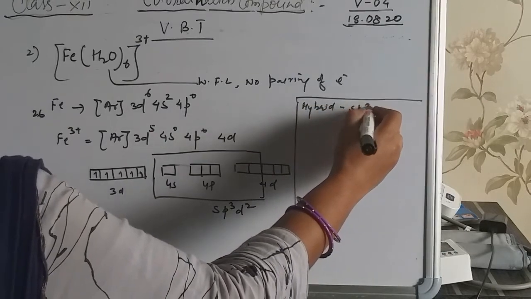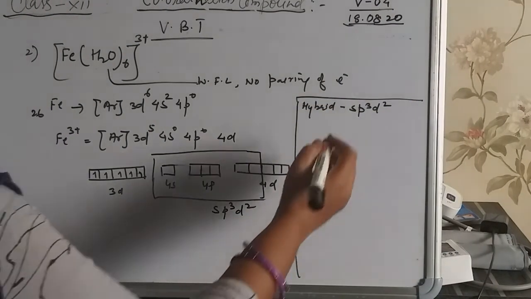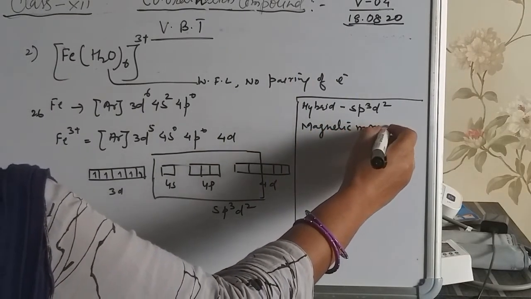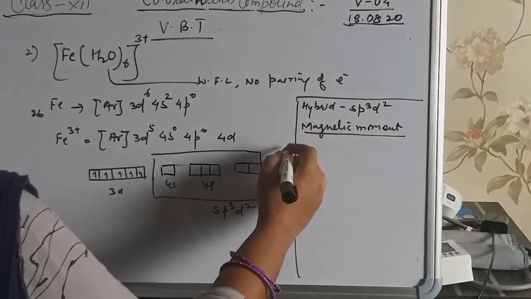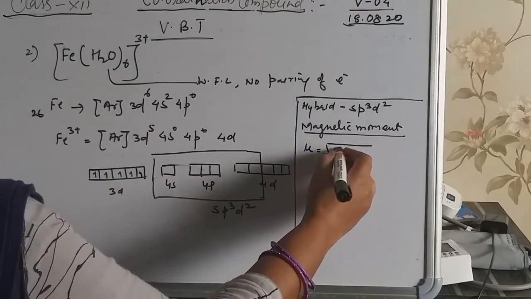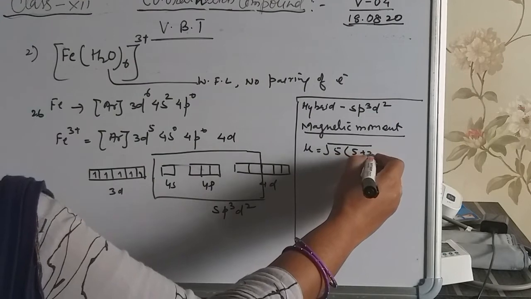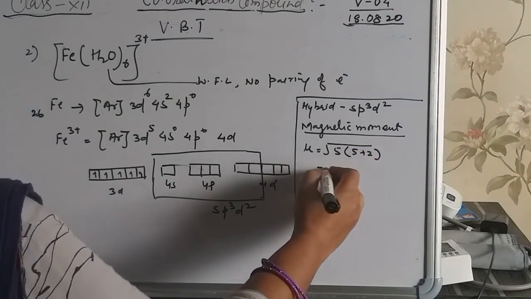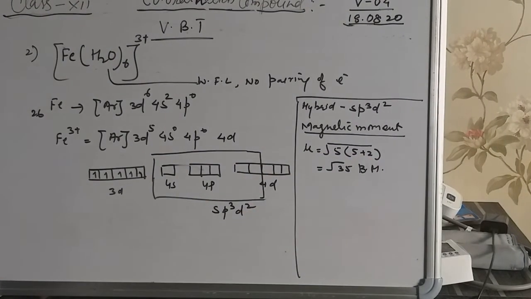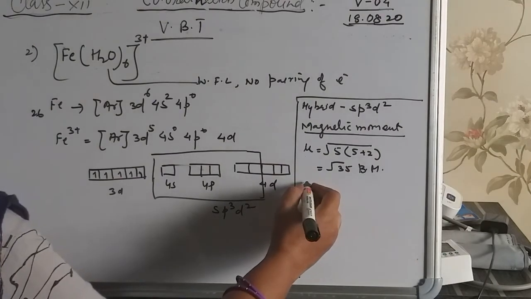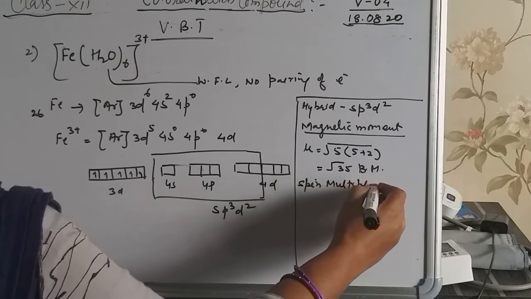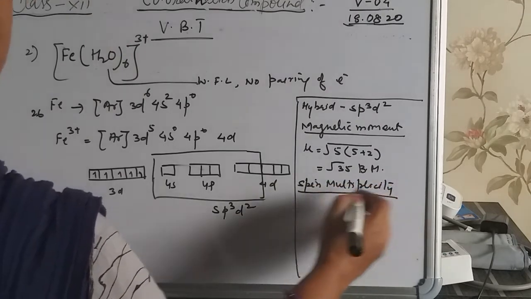For sp3d2, the magnetic moment: mu equals the square root of n(n+2) Bohr magneton, where n is the number of unpaired electrons. How many unpaired electrons? 5, so the square root of 5 times 7, which is 35 Bohr magneton. What about the spin multiplicity?